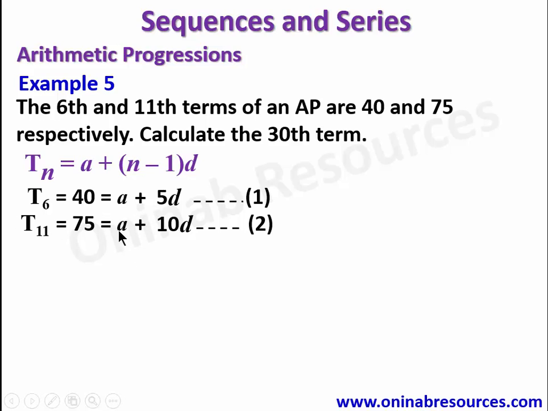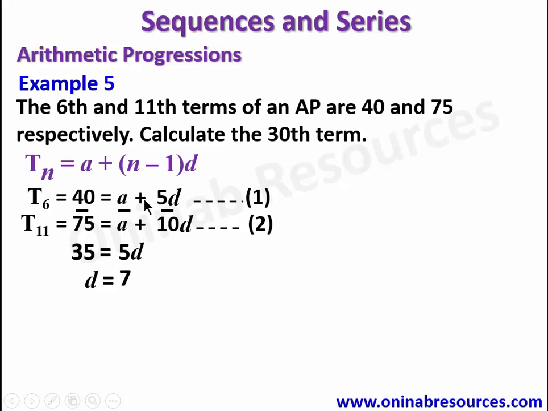To do that, we subtract equation 1 from 2, so that 75 minus 40 gives 35. A minus A will give us 0. Then 10D minus 5D will give us 5D. So that D is equal to 7 after dividing both sides by 5.